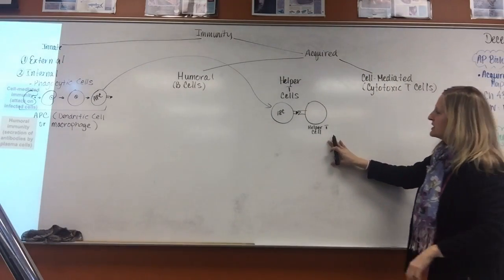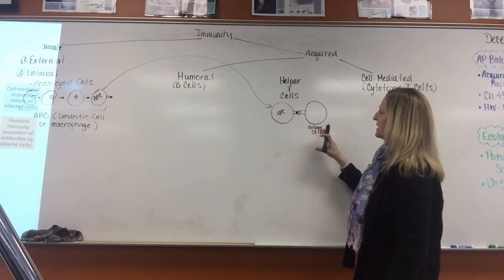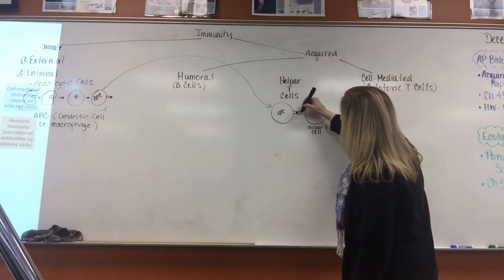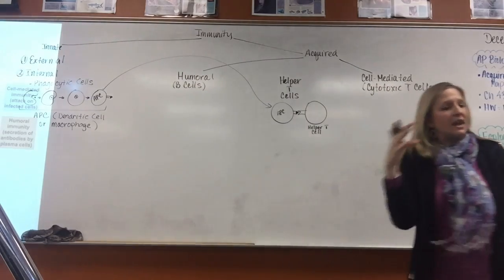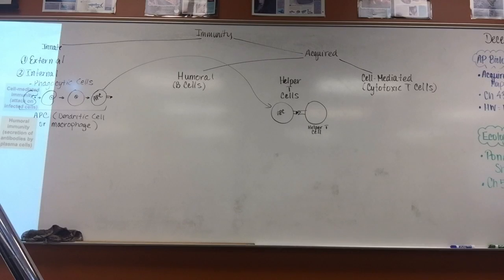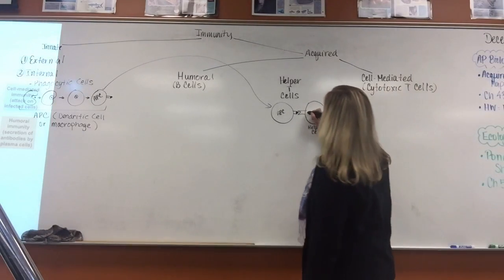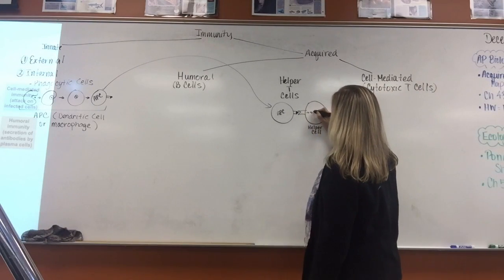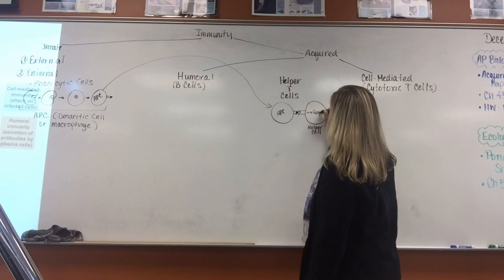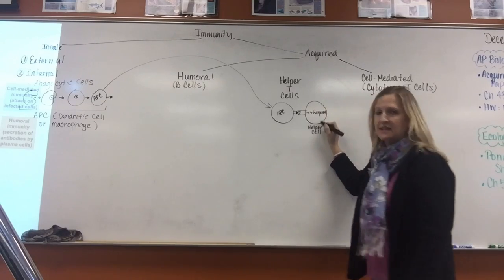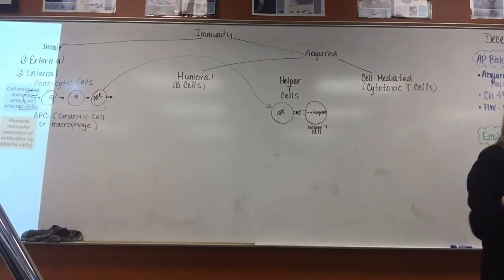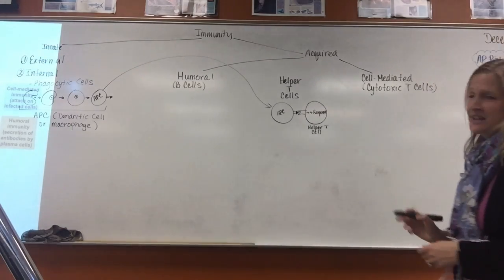So we have the helper T cell stimulated here. Remember, this is a form of cell communication when two cells bind together like this. This binding triggers a signal transduction pathway that's going to lead to a response in this helper T cell. It's a connection with the cell signaling chapter.